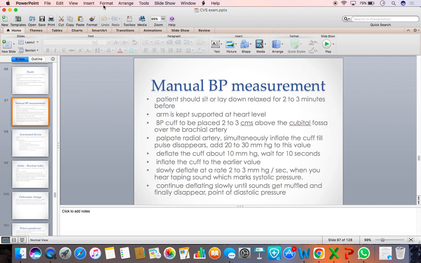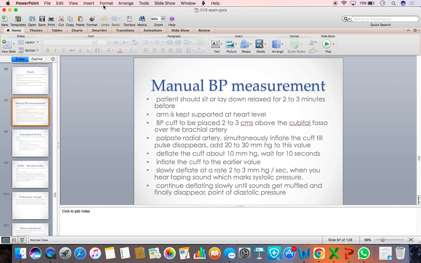Ask the patient to relax, whether supine or sitting, because if the patient is thrown into anxiety, we record a higher reading. And keep the arm supported at the heart level. Then the BP cuff is to be placed at least 2 to 3 centimeters above the cubital fossa, not directly over the cubital fossa.